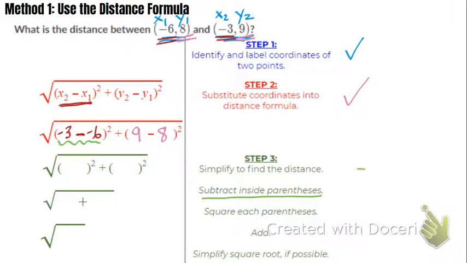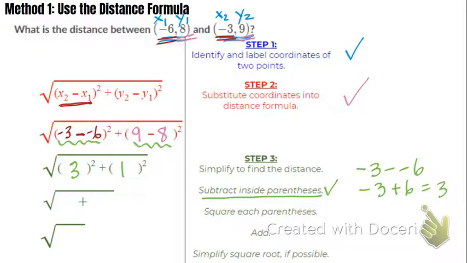So I'm going to write that out over to the side. -3 minus -6 is the same as -3 plus 6, right? Subtracting a negative is just like adding. -3 plus 6 is +3. So I'm going to change that to a 3 squared. And then in this set of parentheses, I have 9 minus 8, which is 1. So I've subtracted inside of the parentheses.